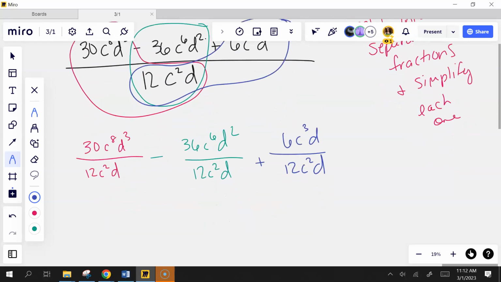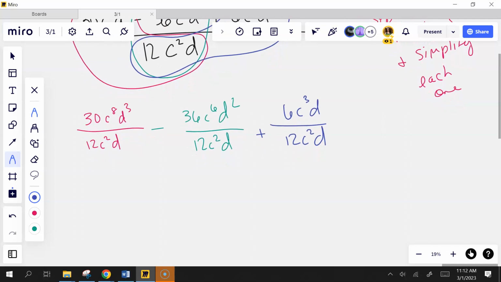Now each one of these little individual fractions are a lot easier to simplify. See why we needed to do that little properties of exponents yesterday? So we'll look at this fraction first. What can I divide both 30 and 12 by? 6. I can divide 30 and 12 by 6, right?